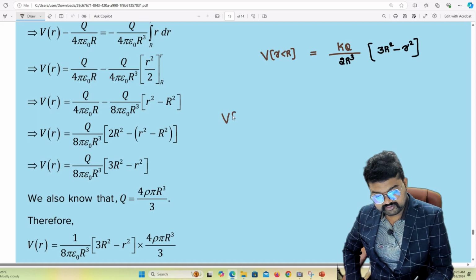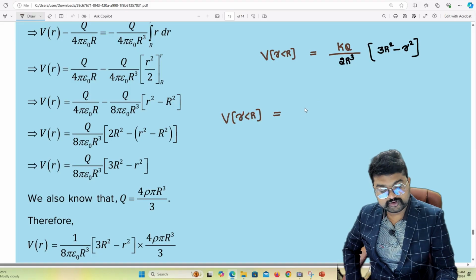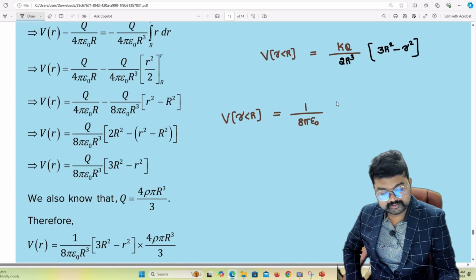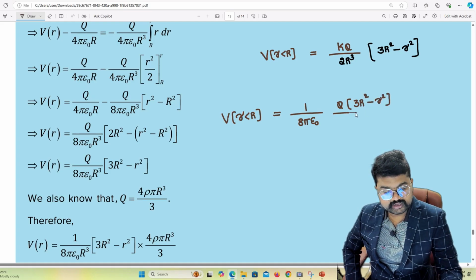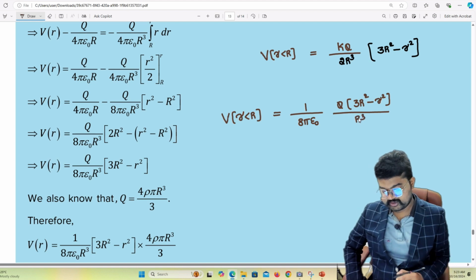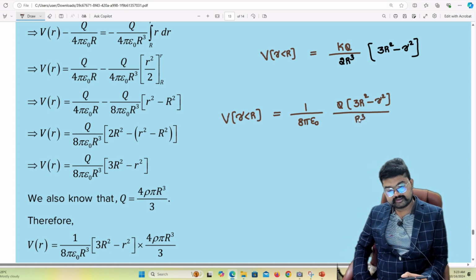Here V of r less than R is equal to how much? 1 by 4 pi epsilon naught means 1 by 8 pi epsilon naught, q into 3 times R square minus r square, by R cube we will be getting.